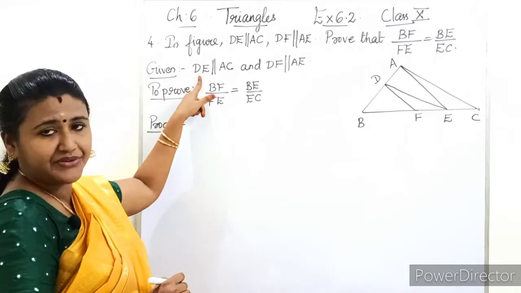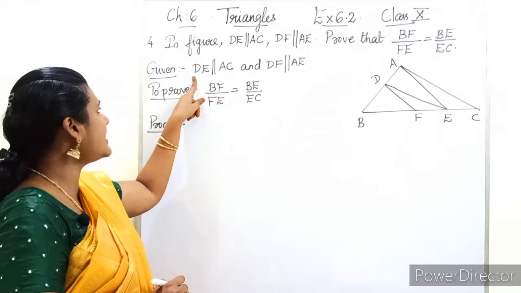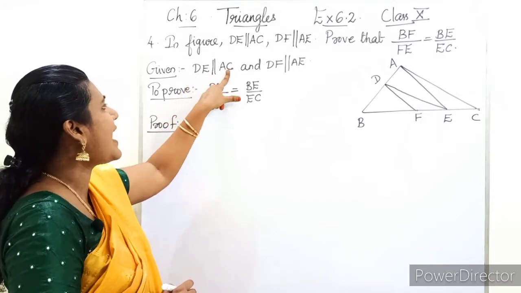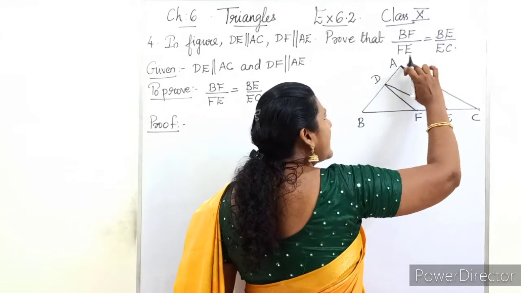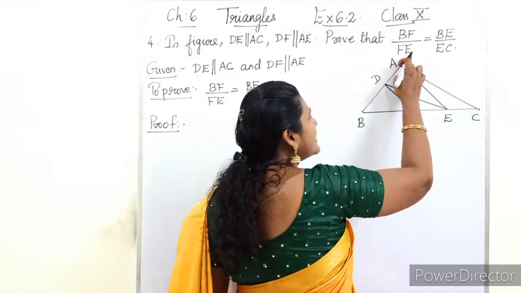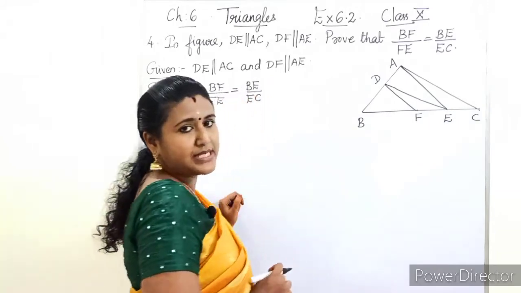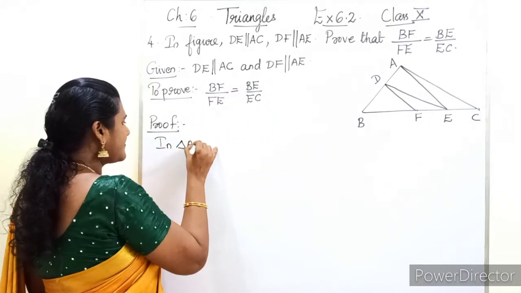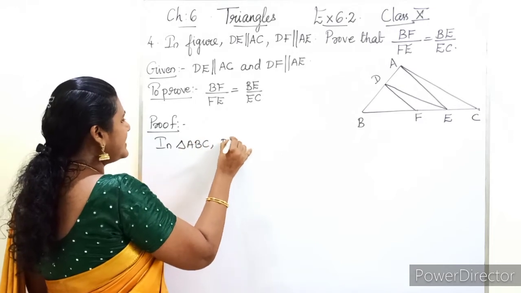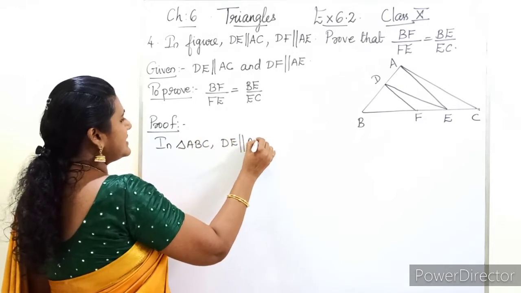First condition we will take. So here the first condition is DE is parallel to AC. That is, the line DE is parallel to AC. So we will consider this triangle ABC. So in triangle ABC, it is given that DE is parallel to AC.